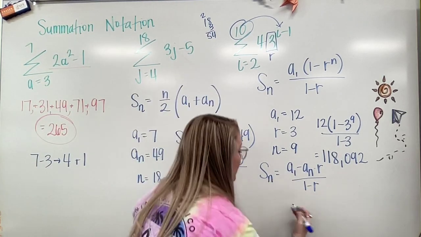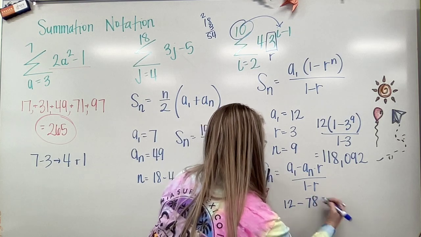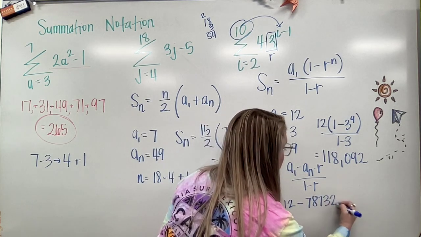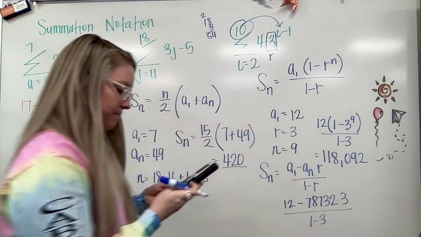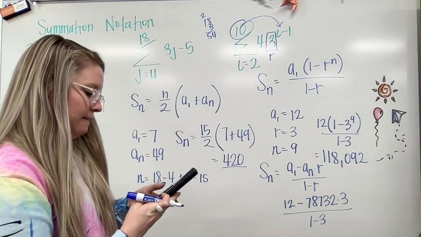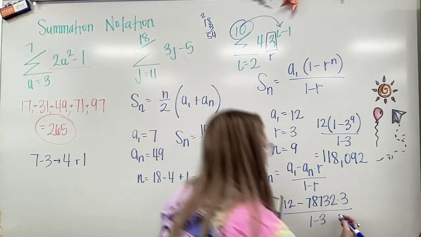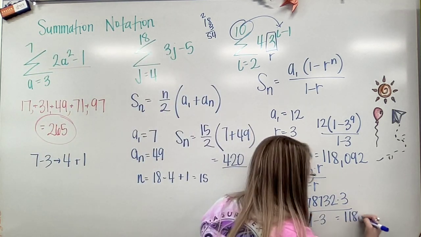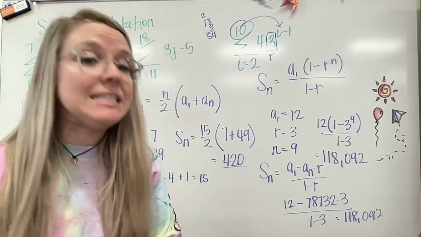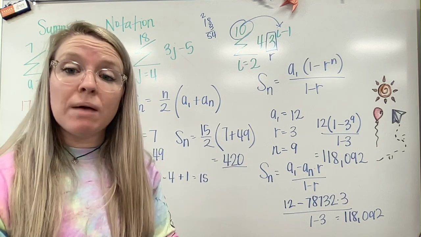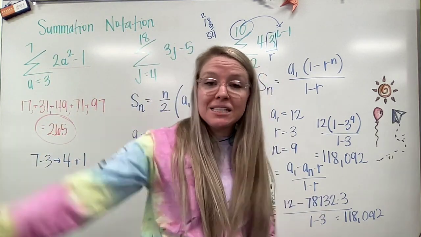So now my equation is 12 minus 78,732 times 3, over 1 minus 3. I plug that in, and I get 118,092. Same answer, different formula. It just depends on what pieces we pull out. Hopefully that makes sense.